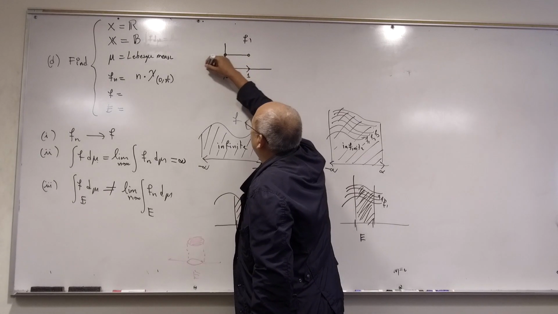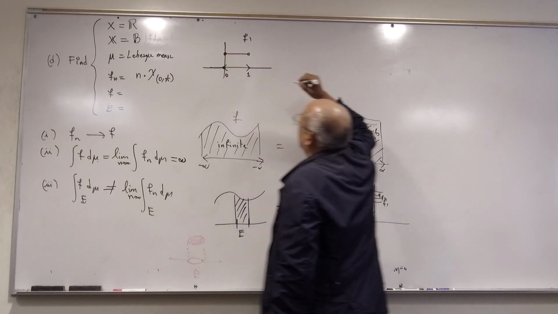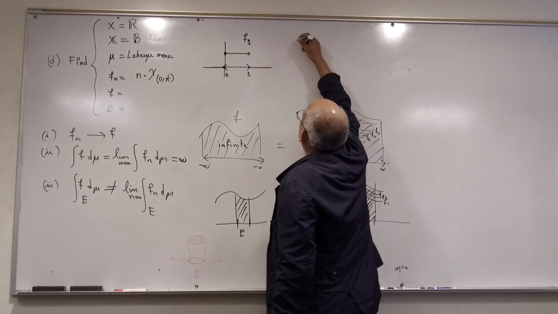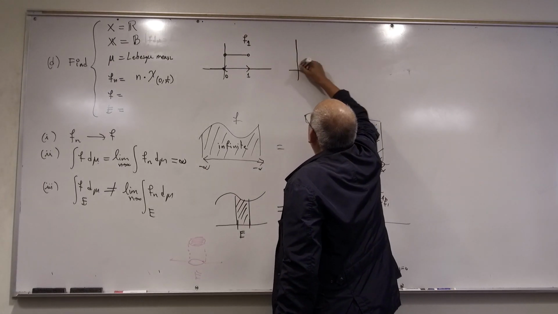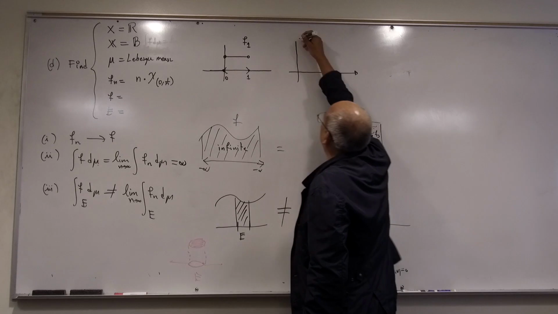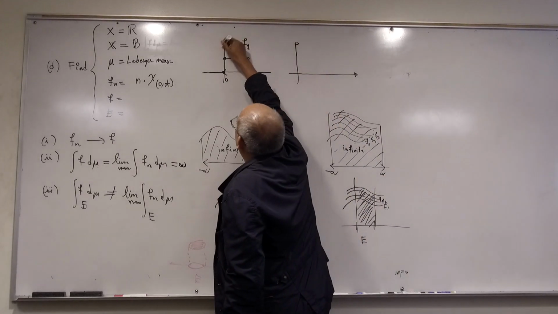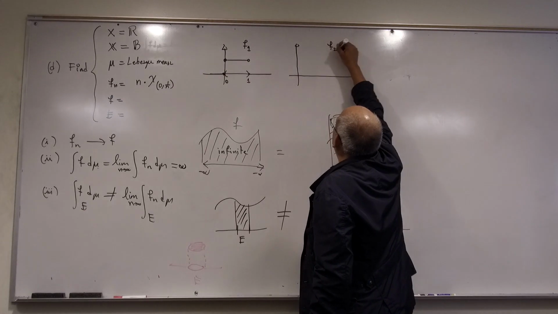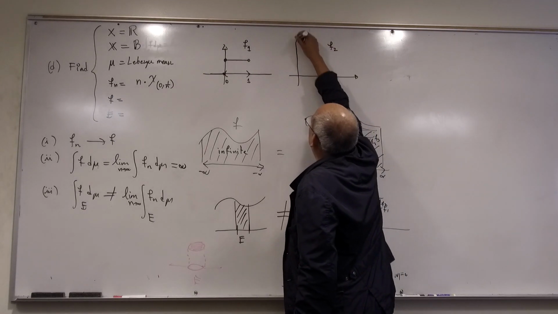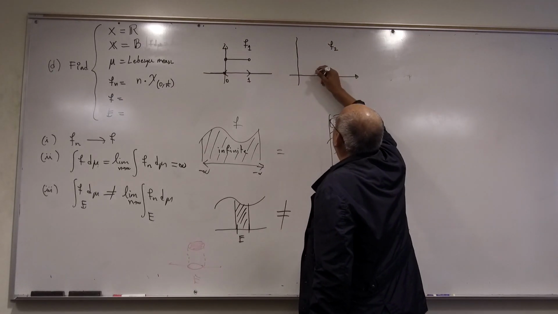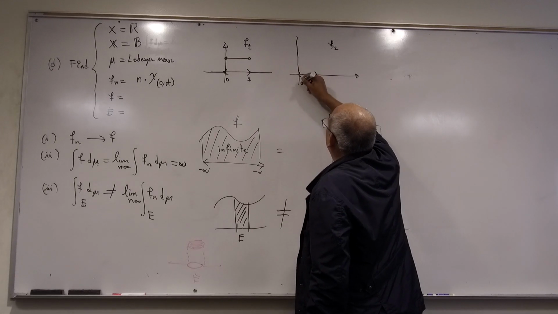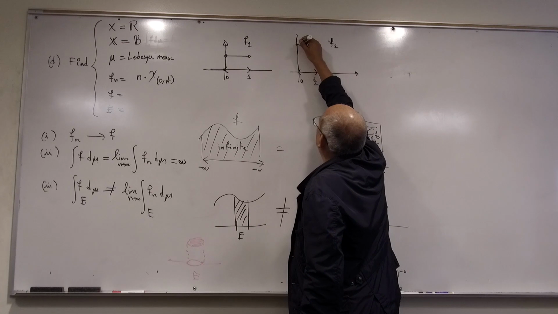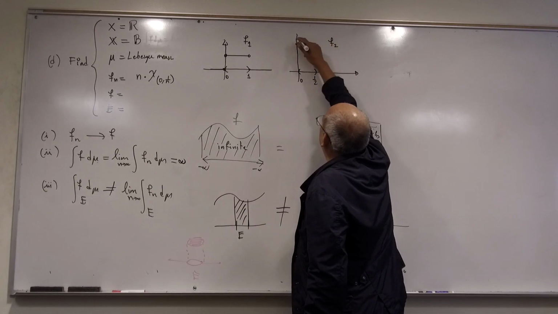So that's F1. Do you guys agree? What the heck is F2? Maybe you cannot find the functions, but for sure you can tell me who F2 is. How does F2 look, guys? It's from 0 to 1/2, and the height is going to be 2. Wow.